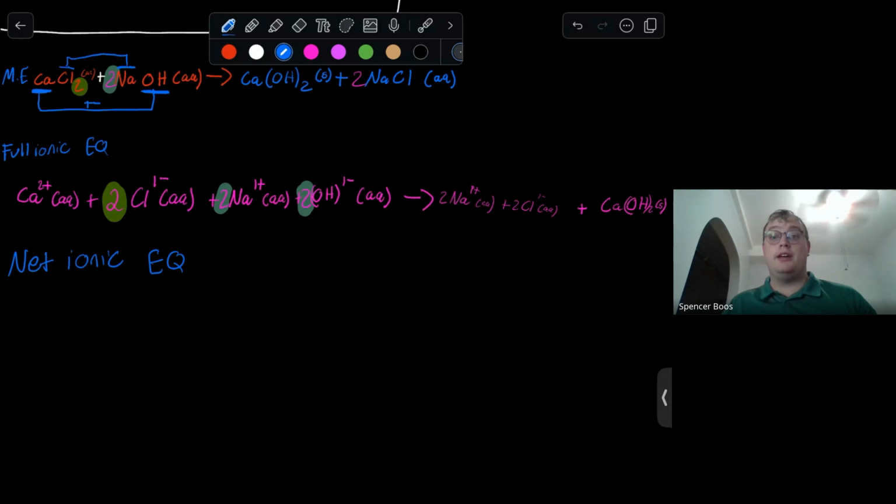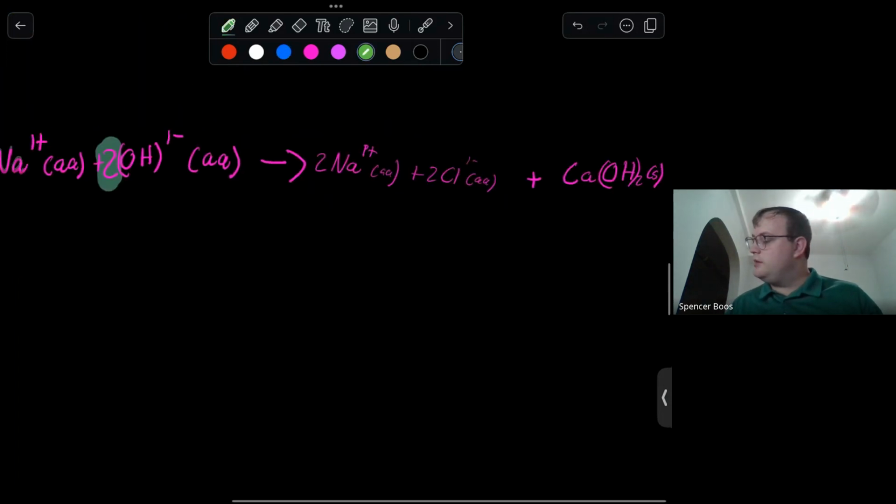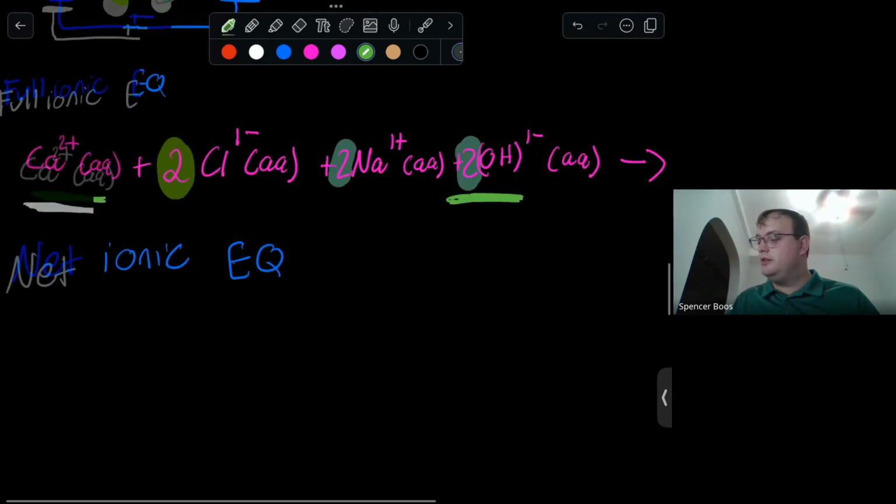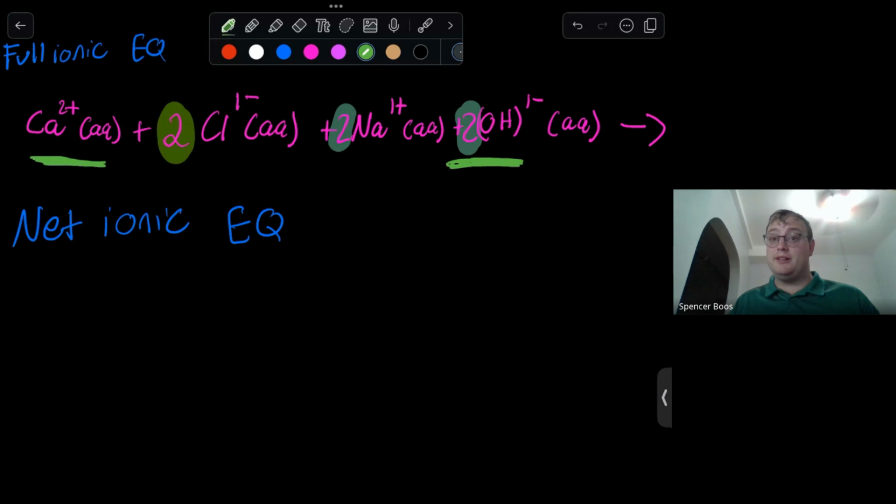For the net ionic equation, all I care about is what things made our solid. So here I'm looking at what stuff made my solid, which is here. Looks like my calcium made my solid, and my 2 hydroxide ions also made my solid. So guess what I'm going to put for my net ionic?